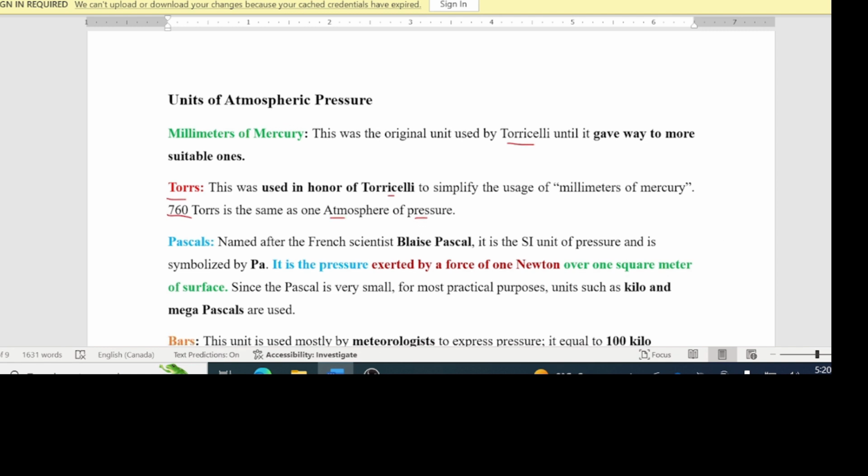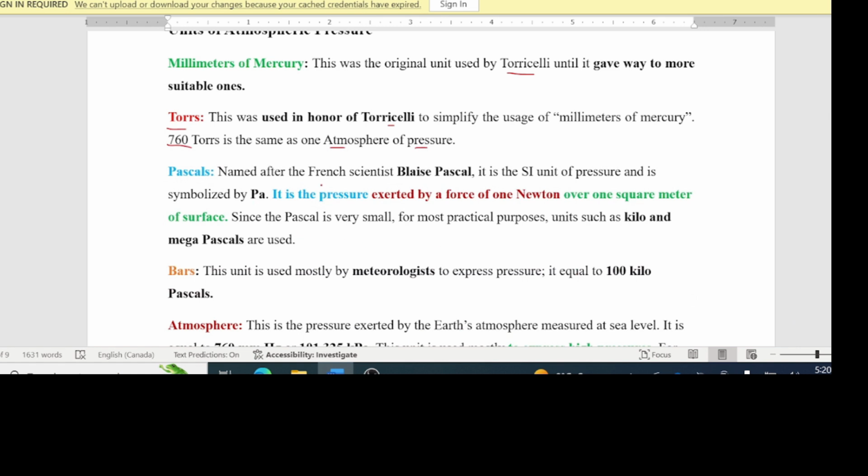Then you have the pascal, named after Blaise Pascal, a French scientist. The SI unit of pressure is symbolized as Pa, and it is the pressure exerted by a force of 1 newton over 1 square meter of surface.